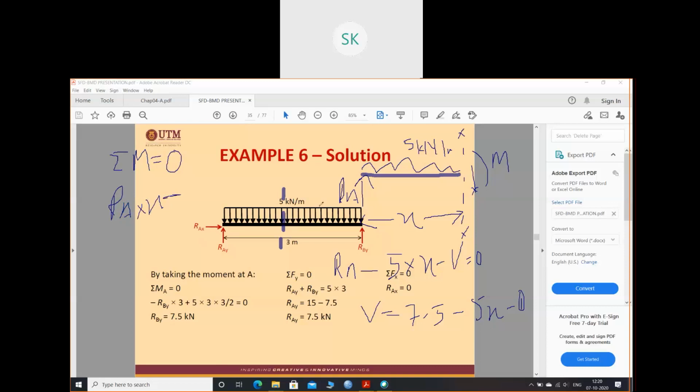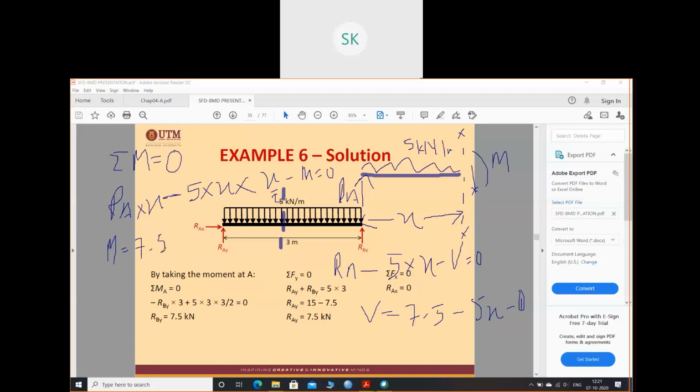RA into x, clockwise positive, minus 5 into x, as it is acting on a distance of x meter, into what we used to take? We used to take half of the distance, right? So x by 2, minus this anti-clockwise moment equals 0. So my moment will become RA into x, meaning 7.5 into x.